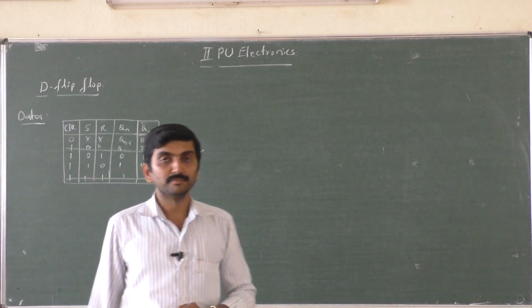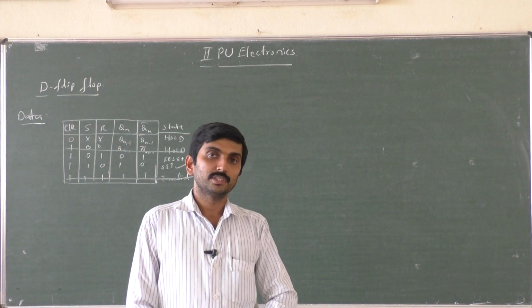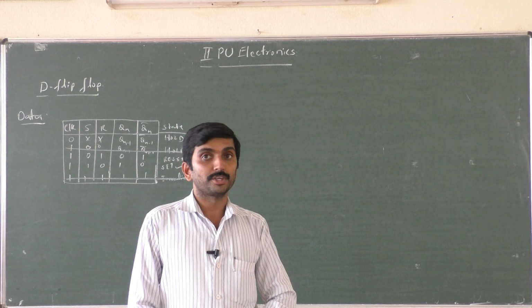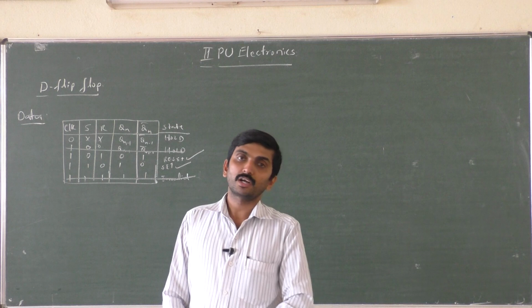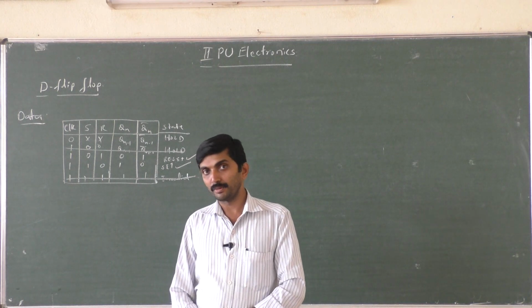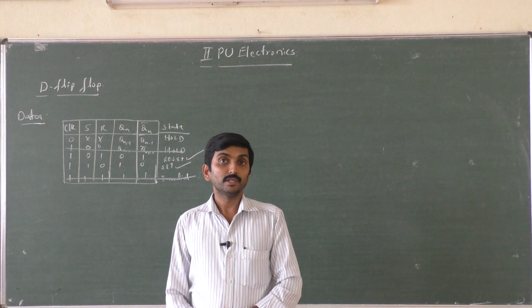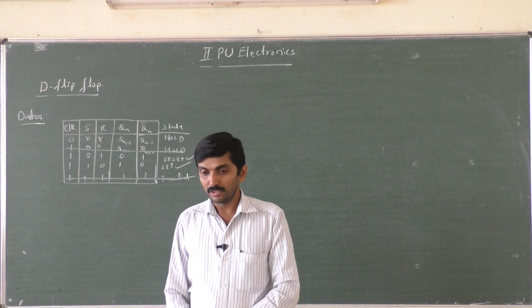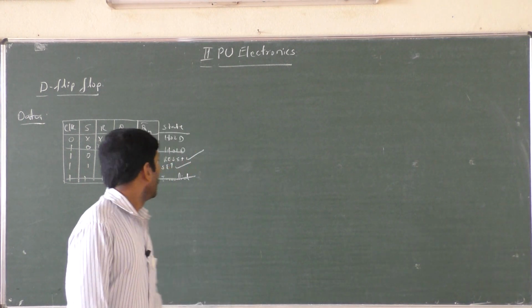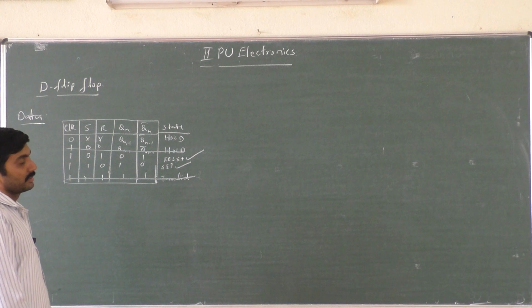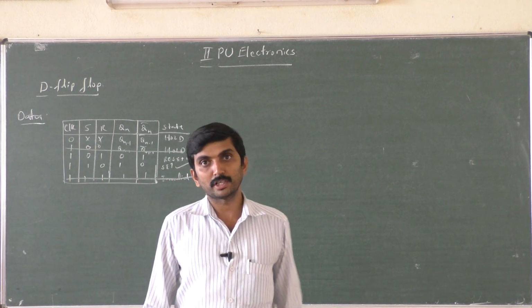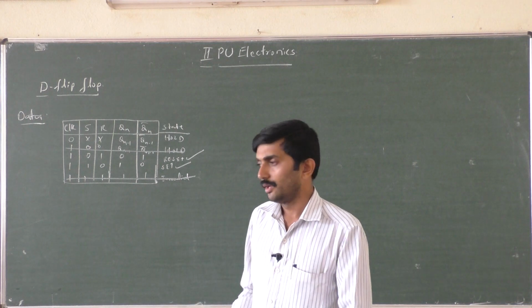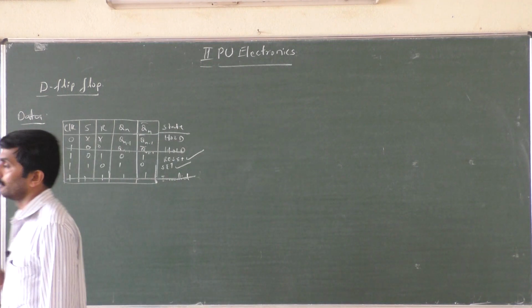So while applying the inputs, the inputs should be at complementary states. Even in hold condition also, the inputs should be in complementary states. So this condition can be used to construct a new device where we have only one input, that is the D flip-flop.